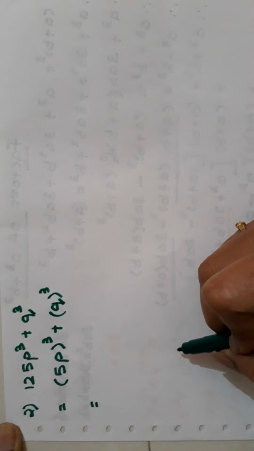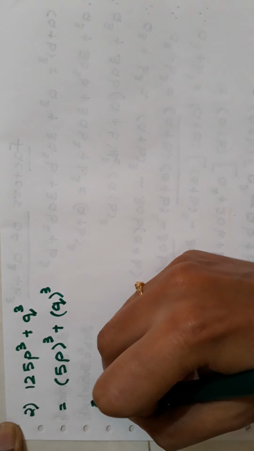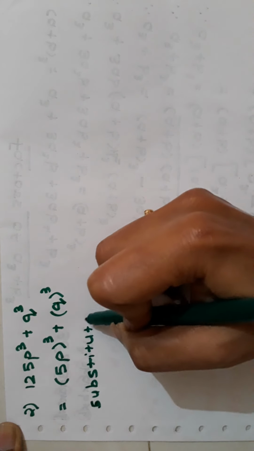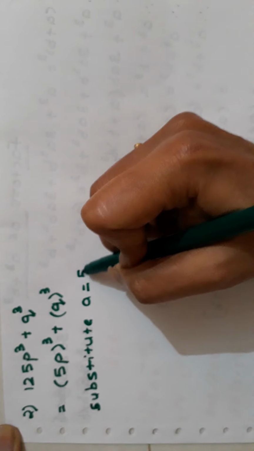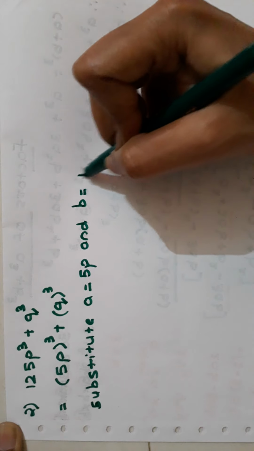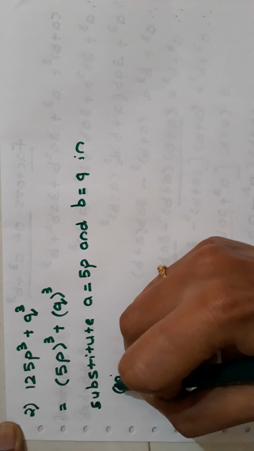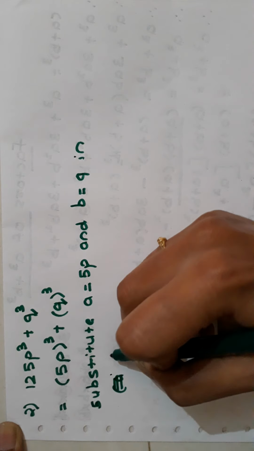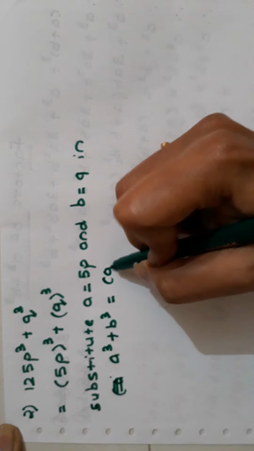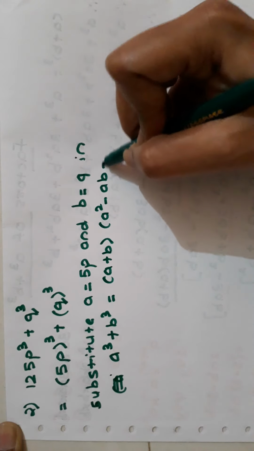Now using the formula, substitute a is equal to 5p and b is equal to q in a cube plus b cube is equal to (a plus b)(a square minus ab plus b square).